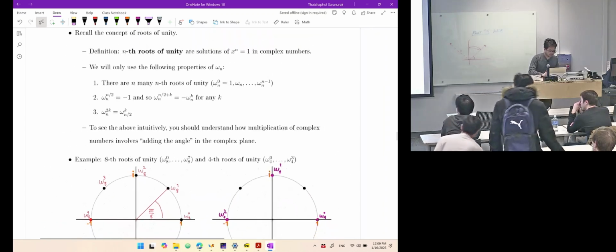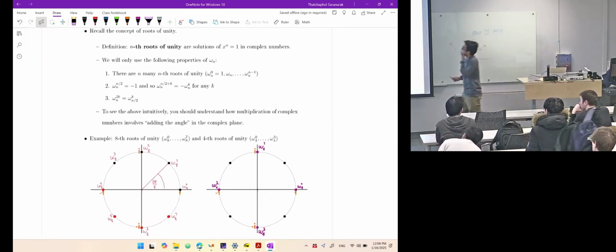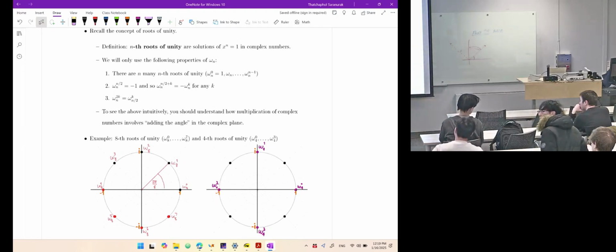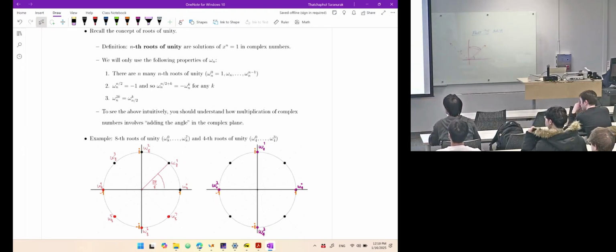For example, it looks like this. It's just another point in the complex plane. And then this thing squared, this thing cubed, and so on. So it just looks like this. This is the 8th root of unity, so there are 8 of them.